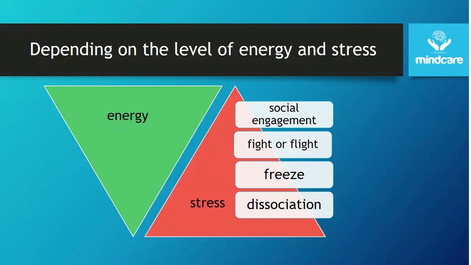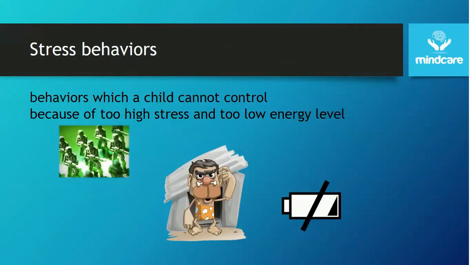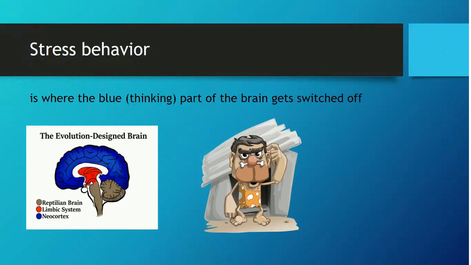Why is that important? Because in the stress behavior, the child goes into fight or flight. What does it mean? It means that stress behaviors are behaviors which a child cannot control, just because the stress is too high and they've got too low energy, and the part of the brain which is responsible for thinking, for being rational, is actually switched off.